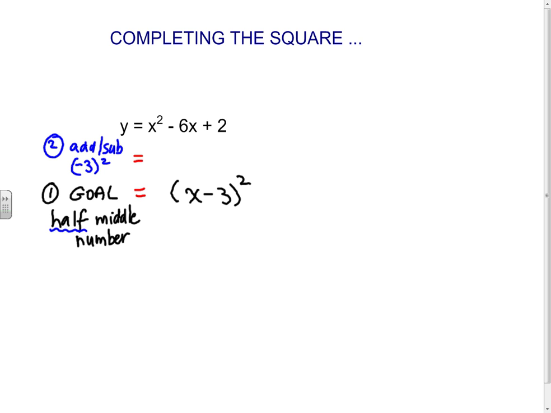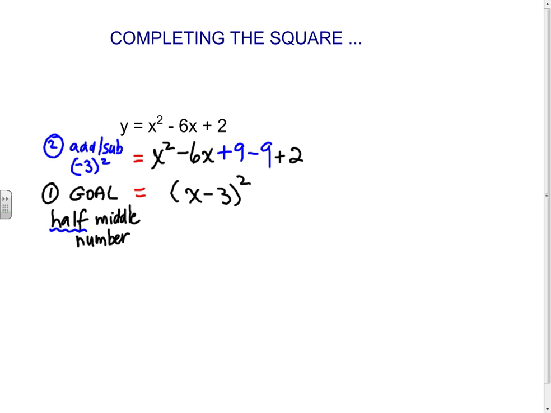So I'm going to add 9, subtract 9 at the same time, and put it into my old equation. So x squared minus 6x, I'm going to add 9, subtract 9 at the same time, and just put that into the middle of my equation. So I haven't changed it, I've just added some stuff.